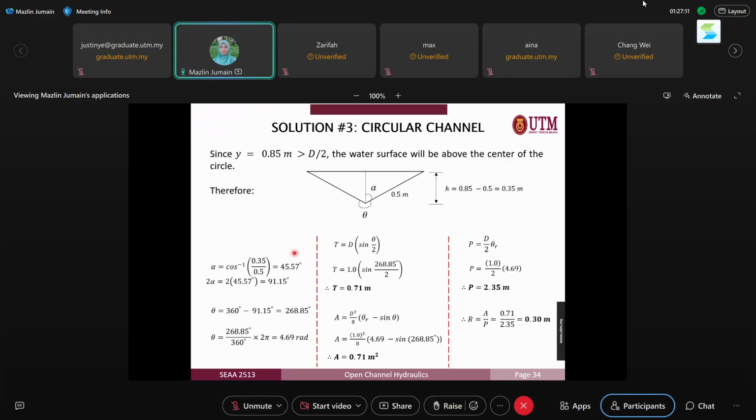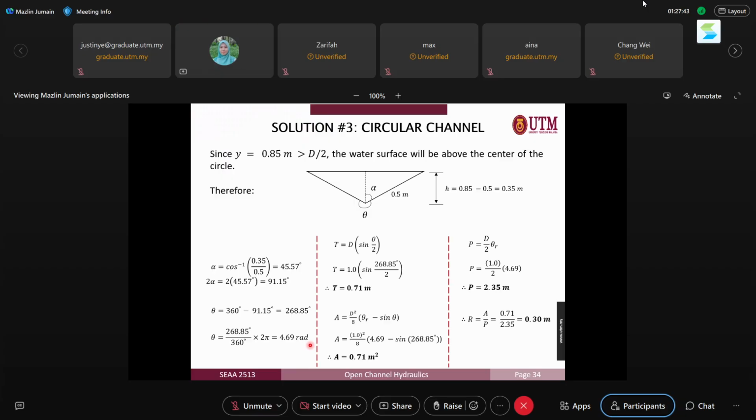Okay. And then to get the theta, sudah dekat bahagian bawah ni, so you just double up the alpha dekat sini, then 360 just minus 2 times alpha dekat sini, so you will get the theta. So the theta value is 268.85 degree. And then this one to convert from theta to radian.